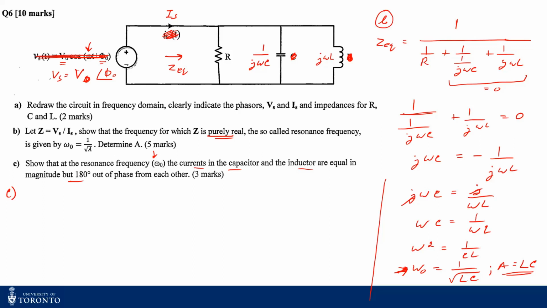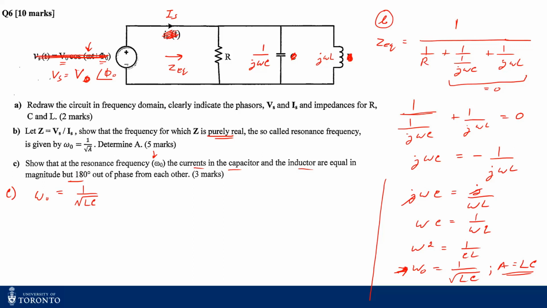Here you see that at resonance, that means you have to use omega naught equal to 1 by root LC. Right. You have to use 1 by root LC.